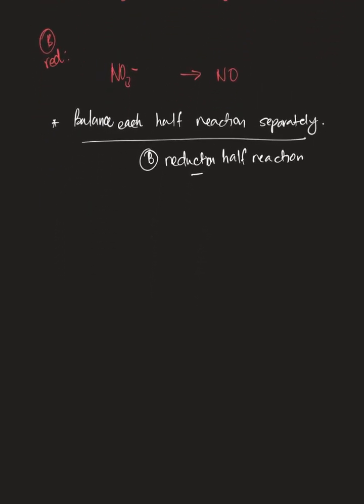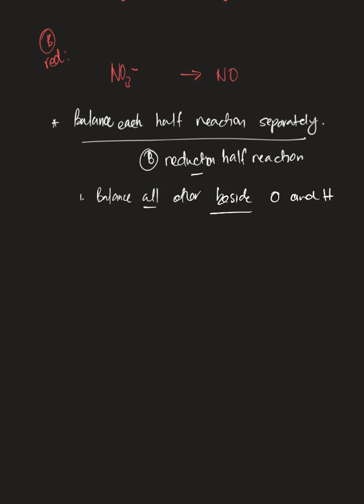So when we do this sort of thing with the reduction half reaction, the first thing we must do is balance all other atoms besides O and H. Alright, so let's have a look here.